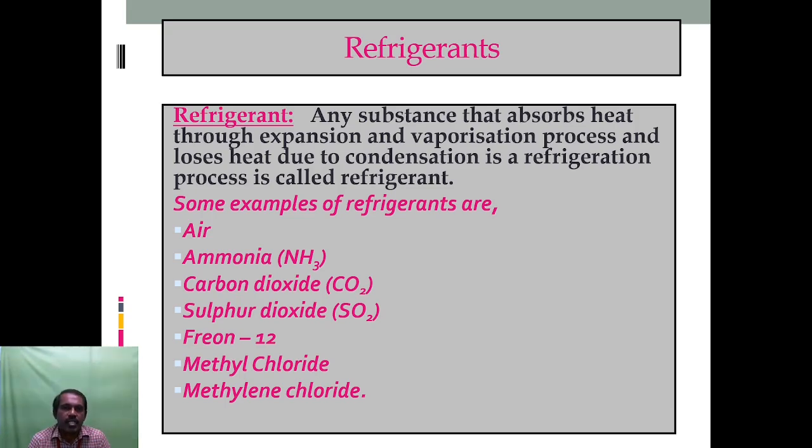Next is the refrigerant. A refrigerant is a substance that absorbs heat through expansion and evaporation, and loses heat through condensation. Commonly used refrigerants for real-time applications at home or in industries are air, ammonia, carbon dioxide, sulfur dioxide, methyl chloride and methylene chloride.